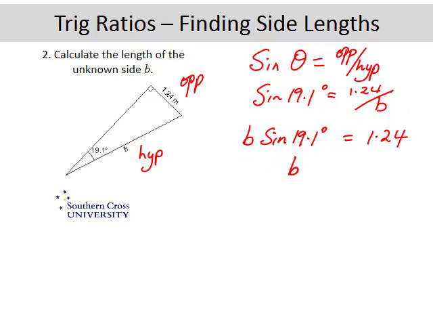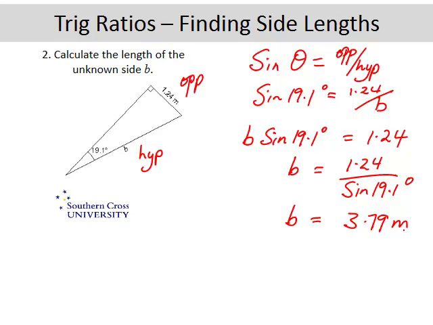Now to get b on its own, we need to get rid of the sine 19.1, so it's going to be 1.24 divided by sine 19.1 degrees. We can do that on our calculator. It's 1.24 divided by sine of 19.1 degrees, and that comes out at 3.79, and the units are metres.